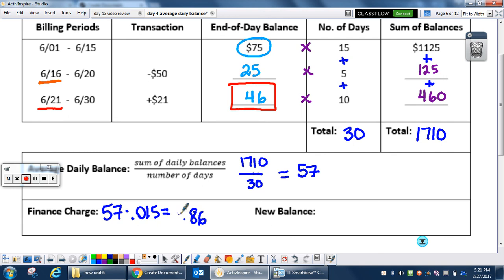So I would circle that number. So what you end up paying are these last two circled numbers. At the end of the month, we were at $46. And then they charged us on our average daily balance a finance charge of 86 cents, which means we now owe $46.86.